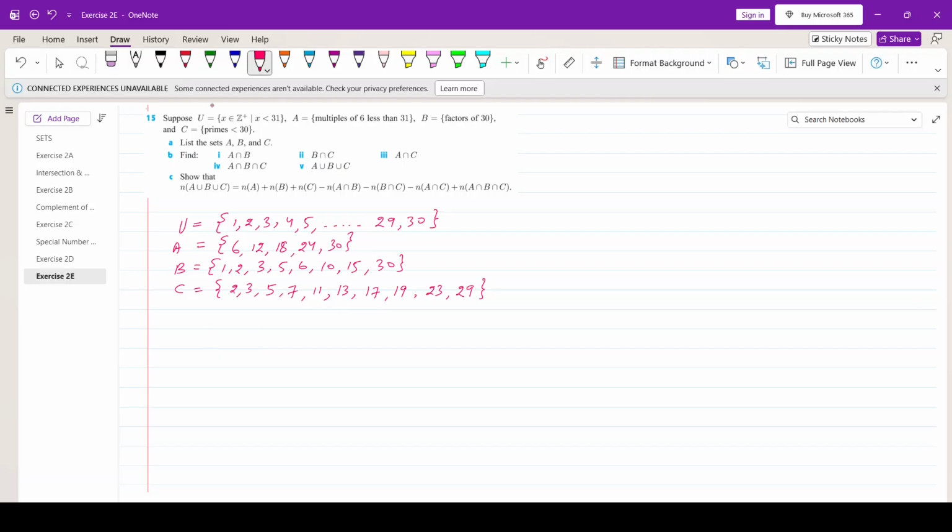Now, part A says list the sets A, B, and C. So this is part A.